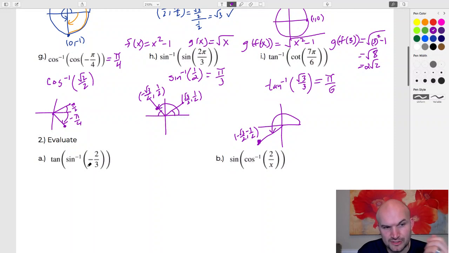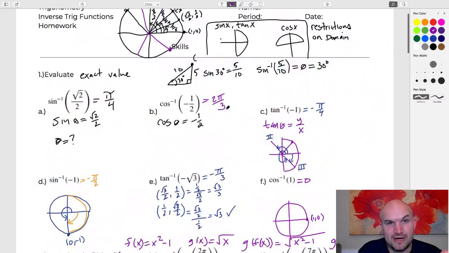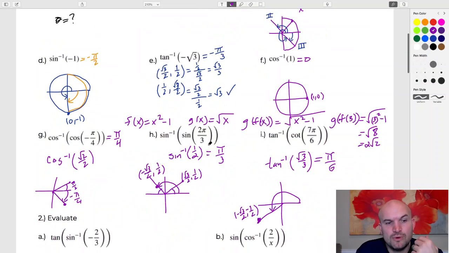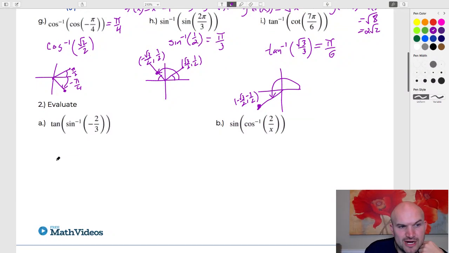If you think about sine inverse, remember going back to my original thought here, when we take the sine of an angle, sine of theta is equal to 5 over 10. So if I'm looking for sine inverse of 5 over 10 equals theta, pretend we don't know it's 30 degrees. We know that this is still the opposite over the hypotenuse, and I'm just trying to figure out this theta. So what we're going to want to do here is create a triangle.